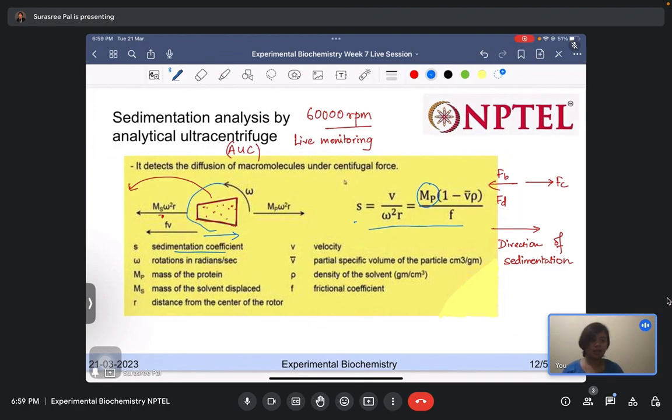These sample holders, or sample chambers that we use, are transparent, so UV light can shine through them, and we can measure the UV absorbance of the sample. If it is a protein sample, it will absorb at 280 nanometers, and from this absorbance we can determine the sedimentation coefficient of this protein, and we can also determine the mass of the protein molecule by analytical ultracentrifugation.